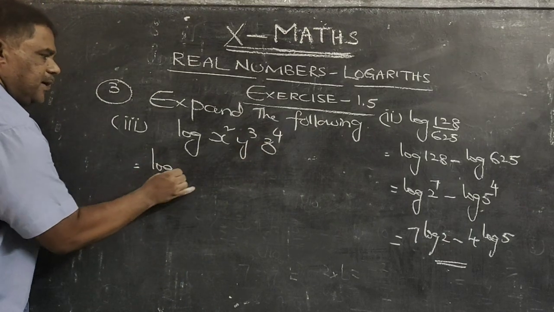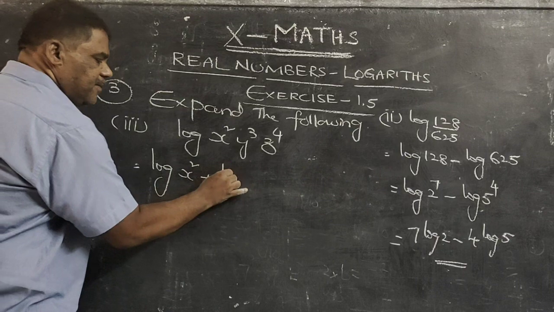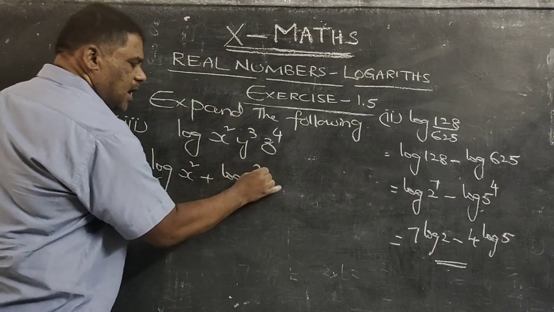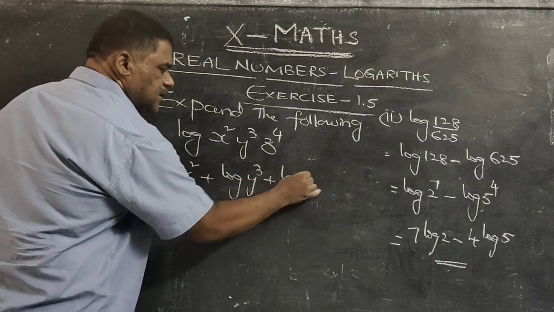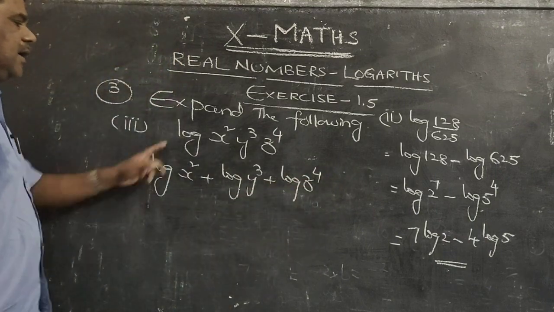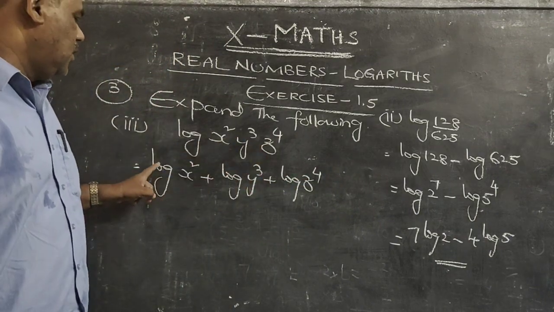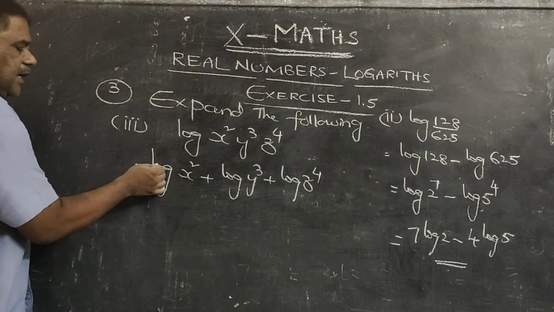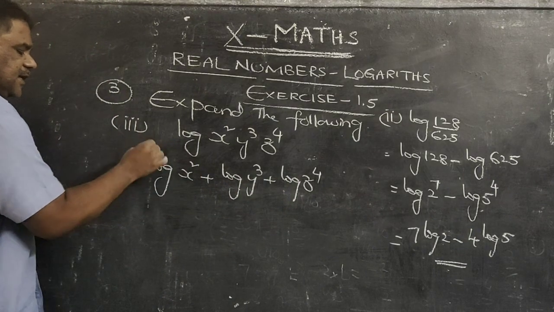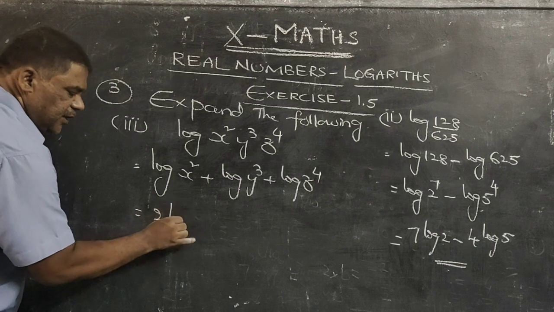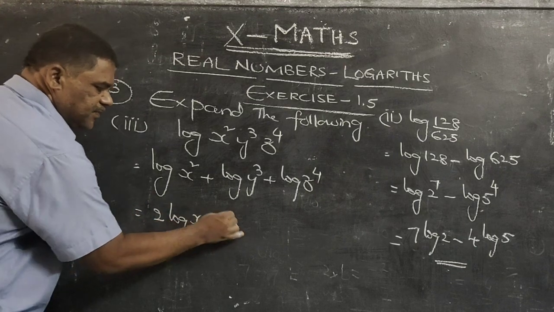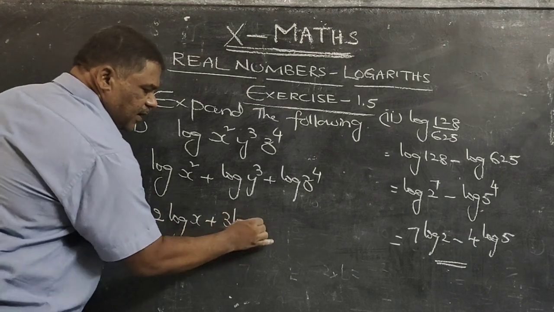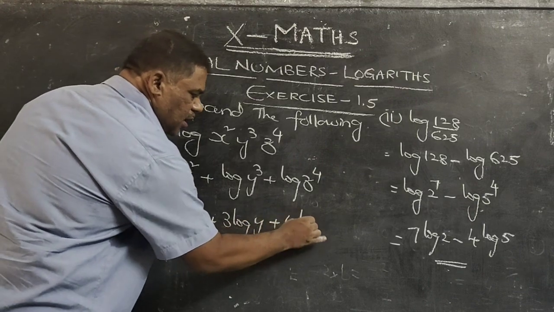Log a b c is log a plus log b plus log c. Now in logarithms if a number has power it comes as a coefficient. So it is 2 log x, it is 3 log y, next 4 log z.